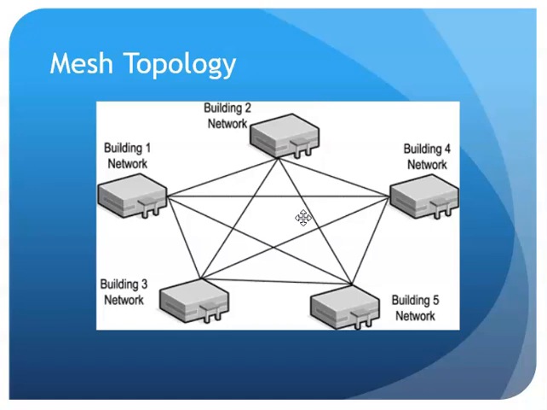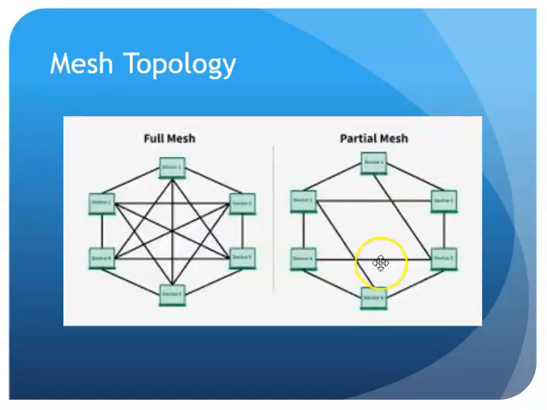When I need to connect those together, if I only have one connection between Harrisburg and Gettysburg, if that fails, we're done. So what you do is you start doing most likely a partial mesh. There might be a connection from Harrisburg to Gettysburg, but then Gettysburg might also connect to York. So if the connection from Harrisburg to Gettysburg fails, the traffic might go Gettysburg to York to Harrisburg and still get to Harrisburg.